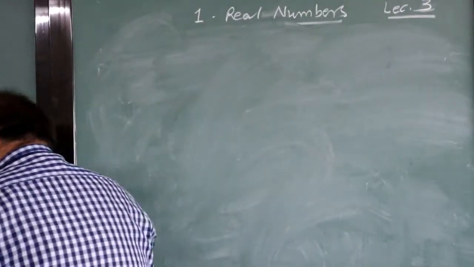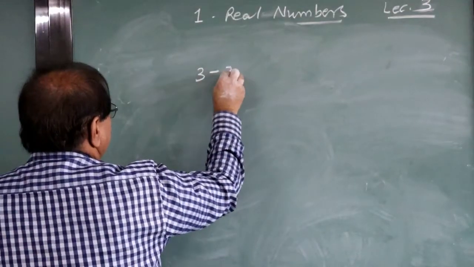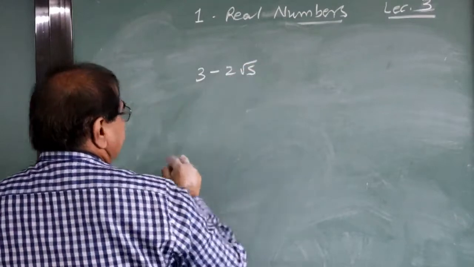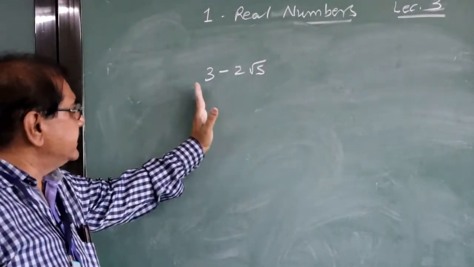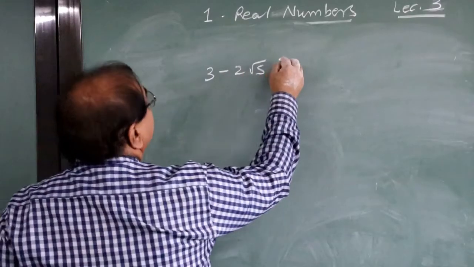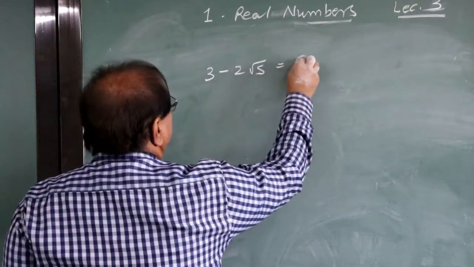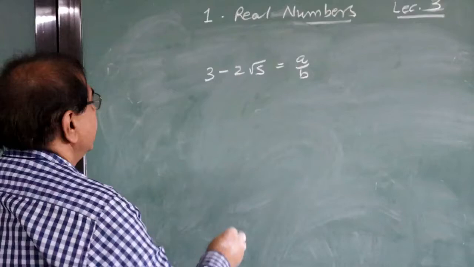In the same way, we can take the difference also. Suppose 3 minus 2 root 5. We have to prove that it is an irrational number. Again, same method. We say that 3 minus 2 root 5 is rational. So it is equal to a upon b, where a and b are co-prime. Okay?